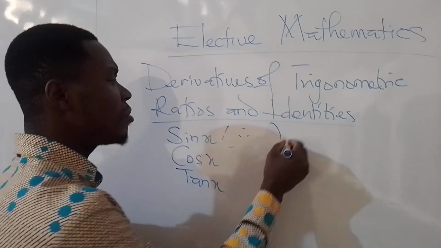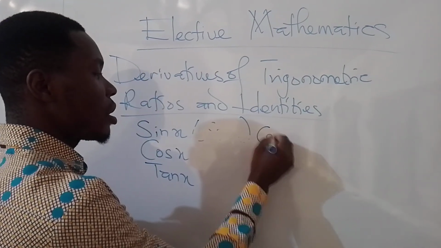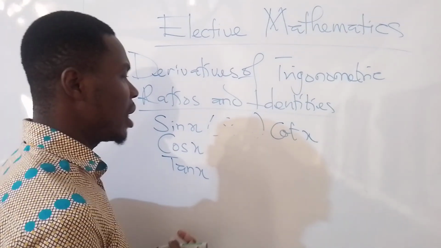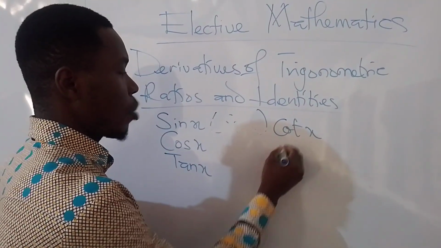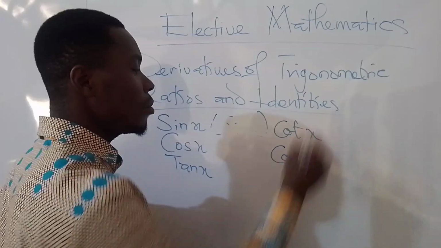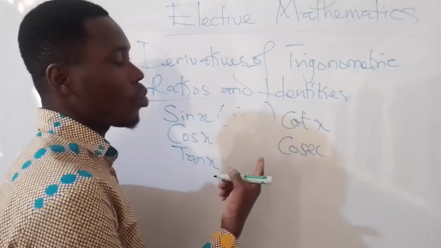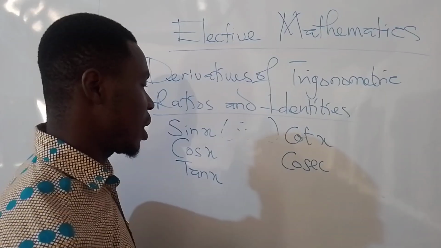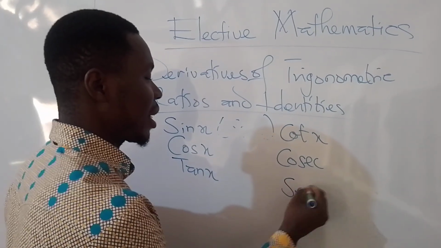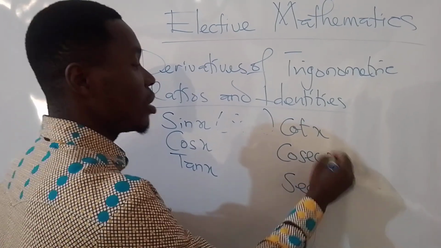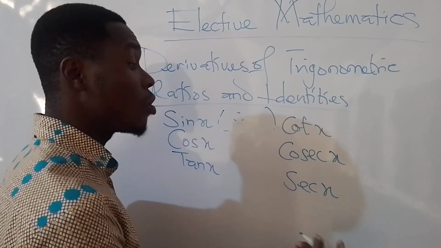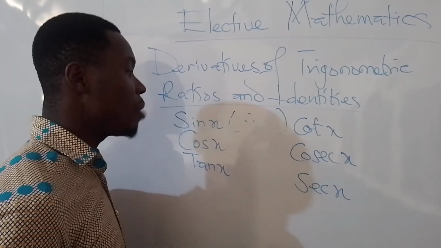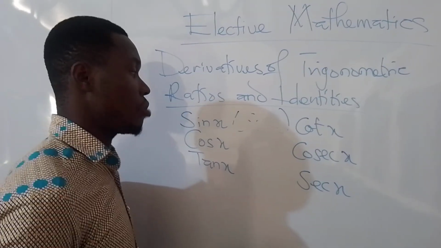Then cot x, which we call the cotangent. Then cosec, which we also call the cosecant. Last but not least, we have sec, or secant, the sec x. So these are the trigonometric identities or ratios that we have.